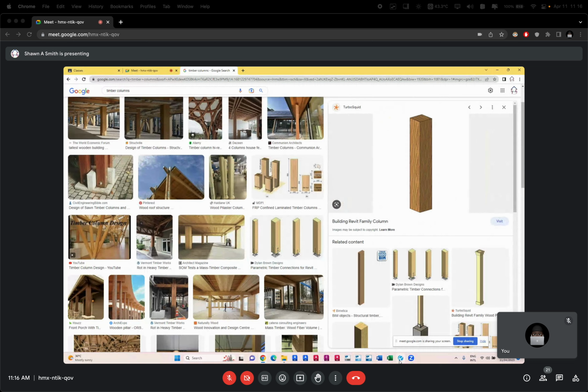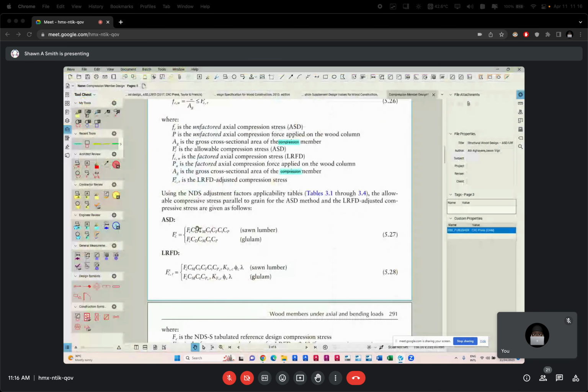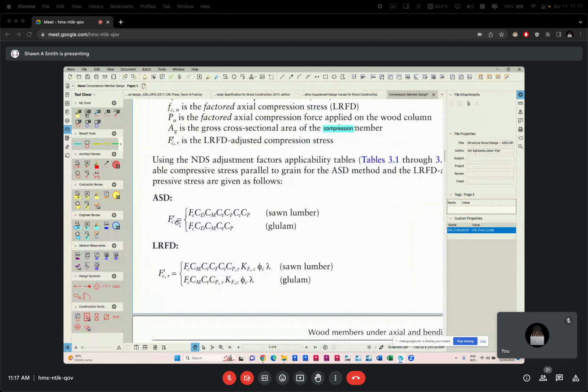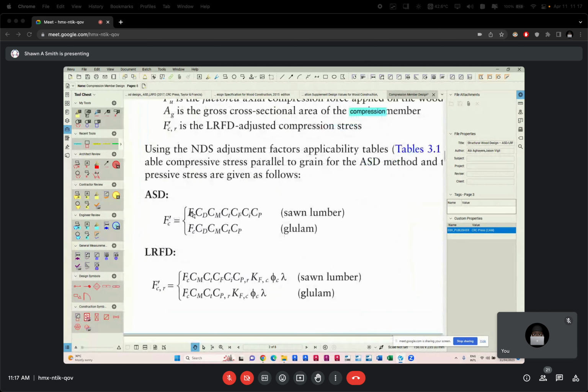All right, so let's get back to this. Now for the ASD method, for allowable stress design method, these are what will be applicable. To arrive at F prime C, we take FC out of the table and we apply these modification factors, or adjustment factors, for sawn timber.